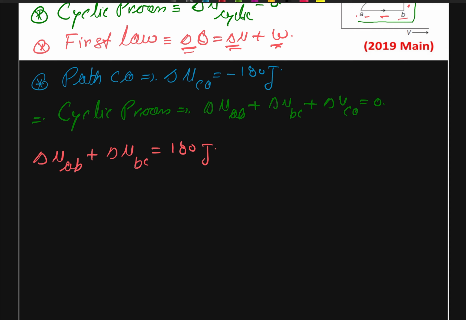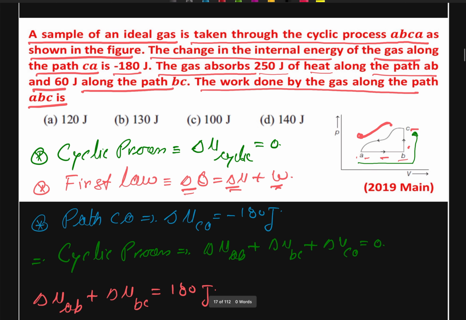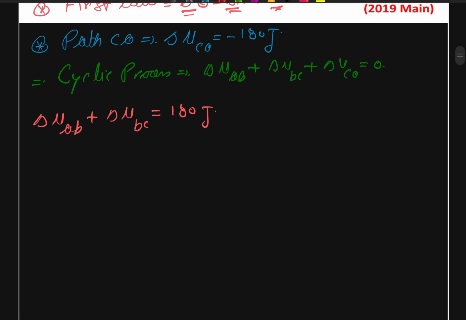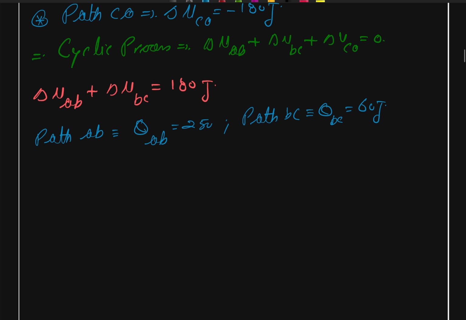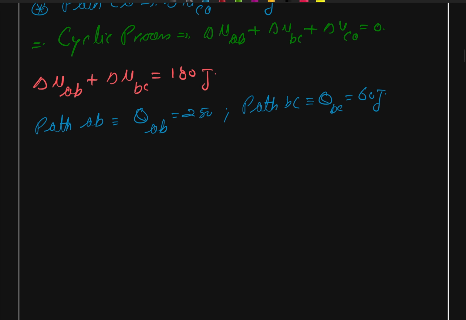And the heat absorbed for the respective paths is also given to us. For path AB, we are given that QAB is equal to 250, and for path BC, we are given QBC, which is equal to 60 joules. So respectively, for each path we can use our first law.